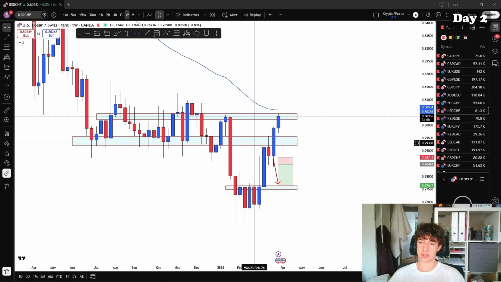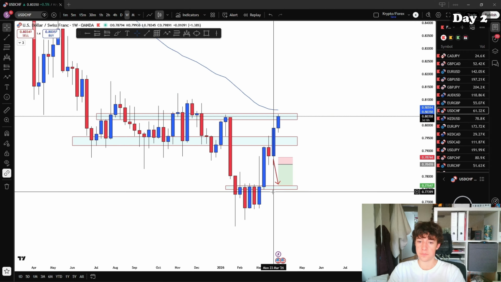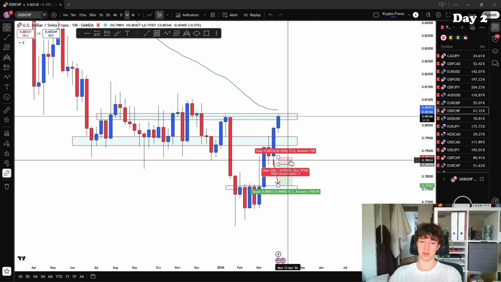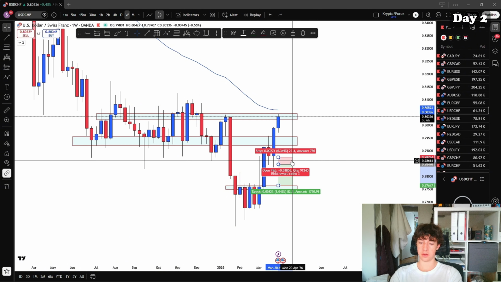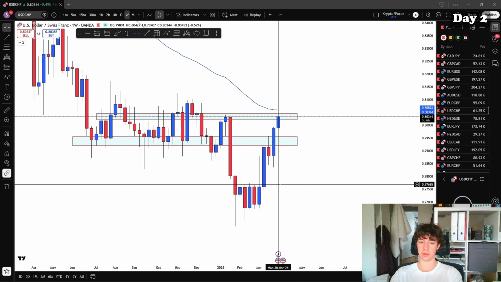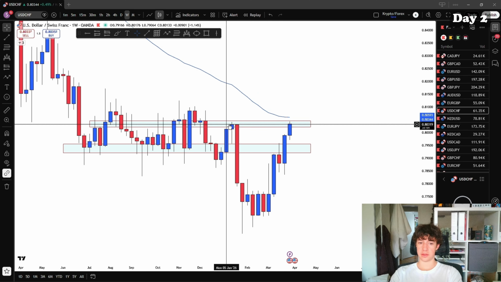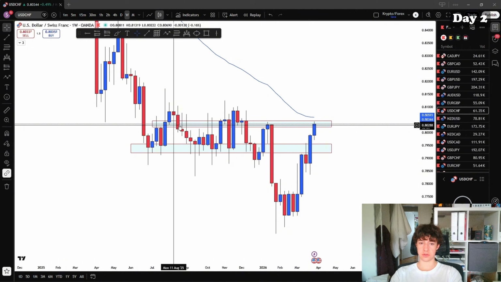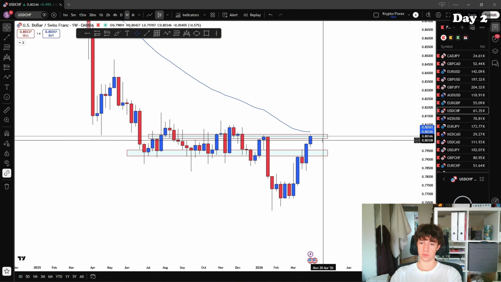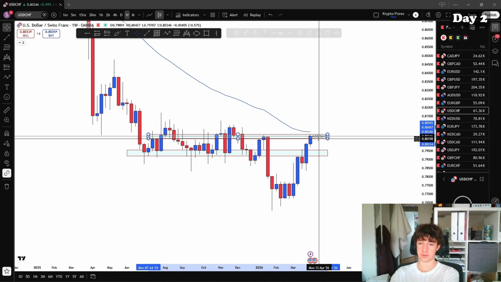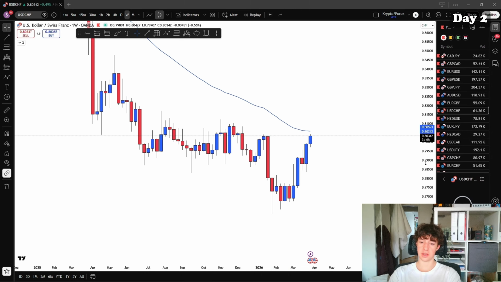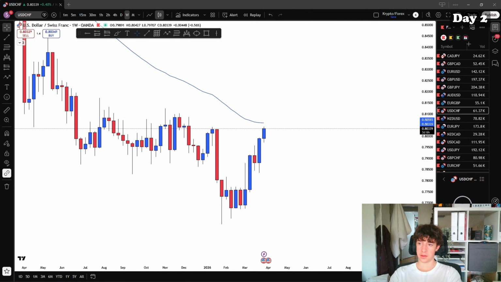So we just had some pretty impulsive moves. This pair is definitely gone. I'm not going to wait any longer for this trade to happen. We are at the last area of interest right here. I don't want to trade this pair because it's a really bad setup.